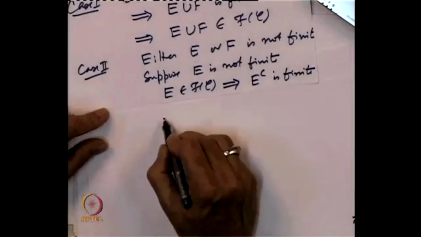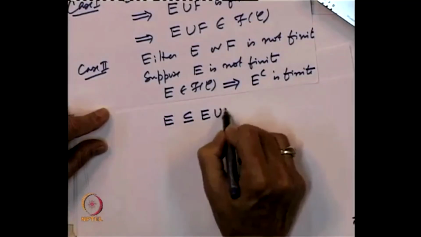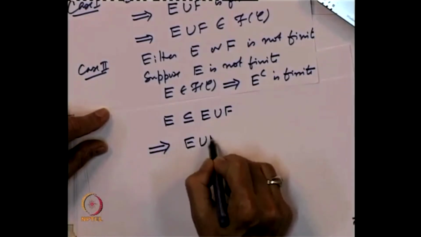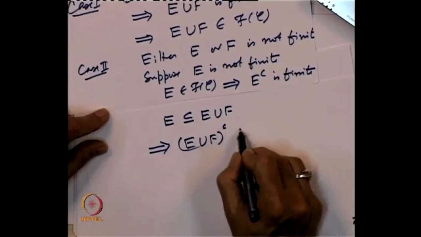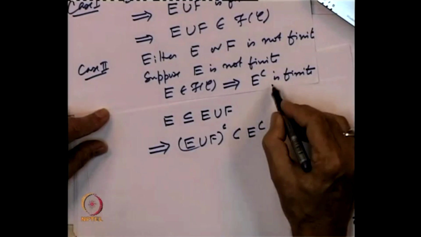Let us look at now, E is contained in E union F, but that implies that the complement of E union F is contained in E complement, and E complement is finite.